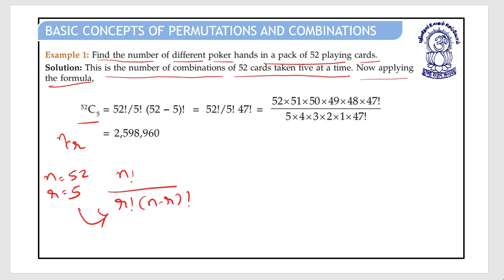Putting into this formula, we get 52 factorial upon 5 factorial into 52 minus 5, 47 factorial. Now 52 into 51 up to 47, because 47 is less than 52. To cancel the 47 factorial, we write up to 47 factorial. 47 factorial cancels.